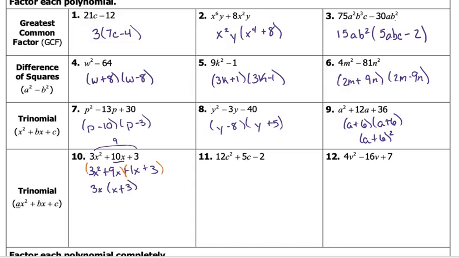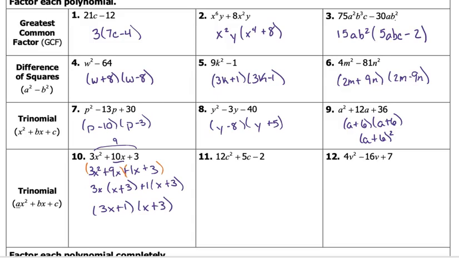And if you notice, I already have x plus 3 here, but I need to bring something out, so I'm going to bring out a positive 1. I can always take that out if I need to. So x plus 3. And then I can rewrite this. So this is going to be 3x plus 1. Remember, we're just going to put together our two GCFs, and then we're going to keep the common factor of x plus 3.